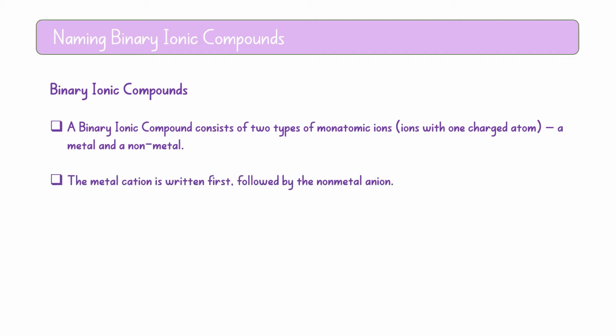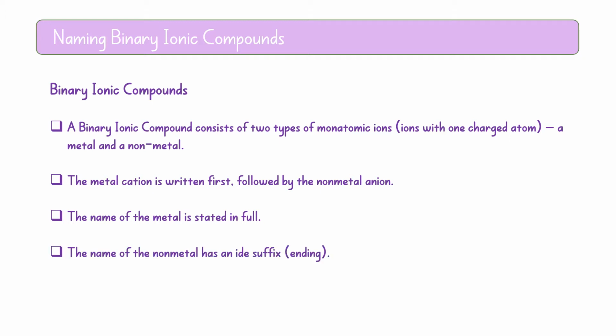The metal cation is written first, followed by the nonmetal anion. The name of the metal is stated in full. The name of the nonmetal has an -ide suffix or ending.